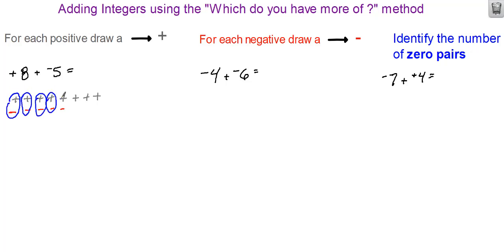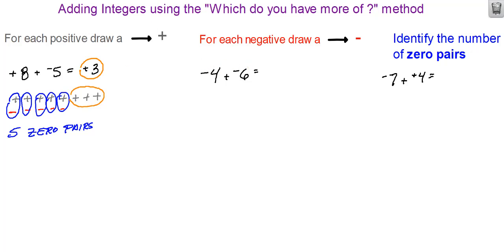Get all those circled, and let's identify those. 5 0 pairs. And what you should have had left over were these 3 positives, and that is our answer. Our answer is +3.